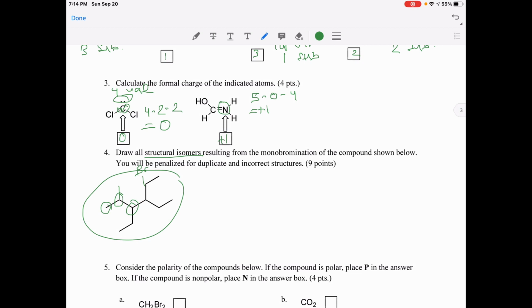That is why we are left with just these 3 unique spots on the molecule to brominate.